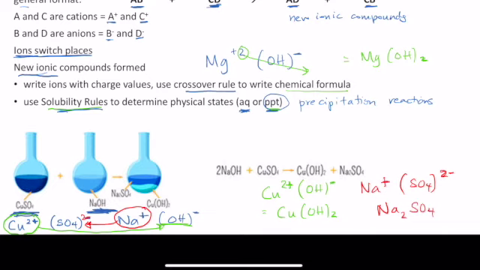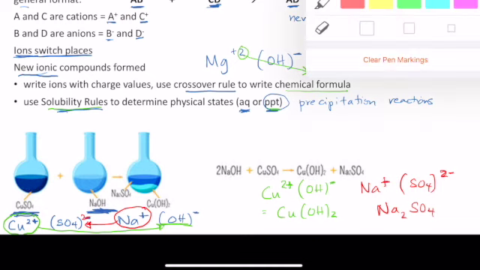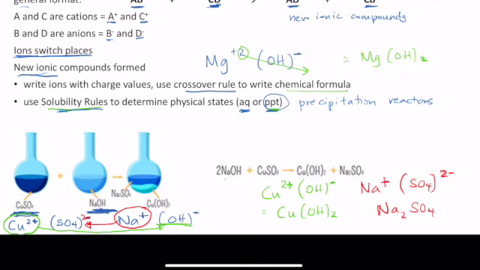So this is the balanced chemical equation shown here: NaOH and CuSO4 are on the reactant side, and then on the product side you have Cu(OH)2 and Na2SO4. This Cu(OH)2 you'll find on the solubility table is insoluble. So this is a precipitate, which would be the physical state there. Na2SO4 you would find is soluble, and that would be aqueous as a physical state.